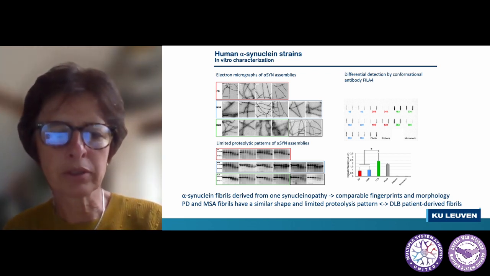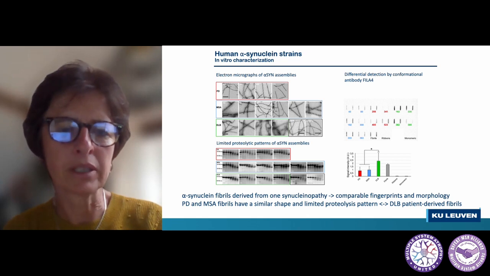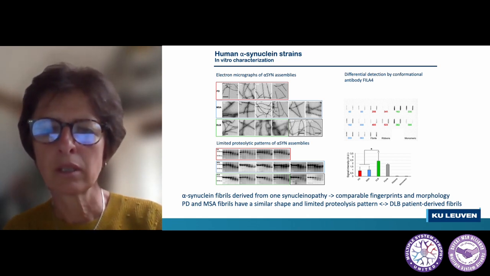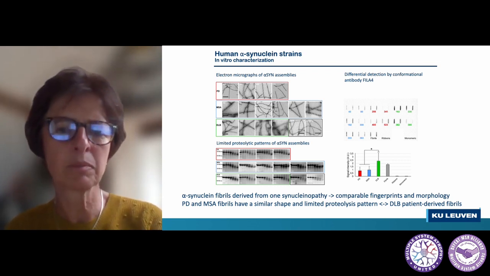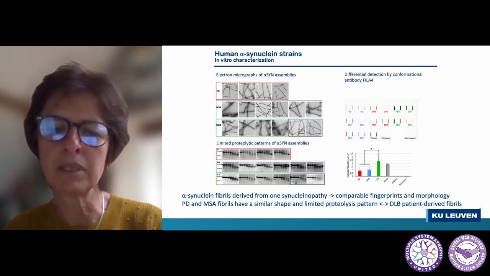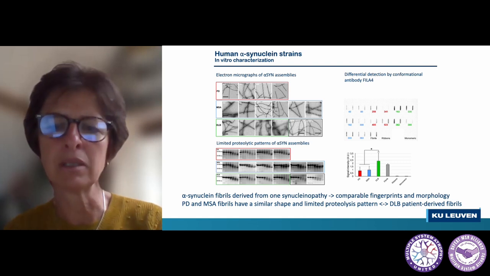Also in some other tests, like proteolytic degradation or recognition by conformational antibodies, there were differences between the strains, where again the PD and MSA were more similar than the DLBs.